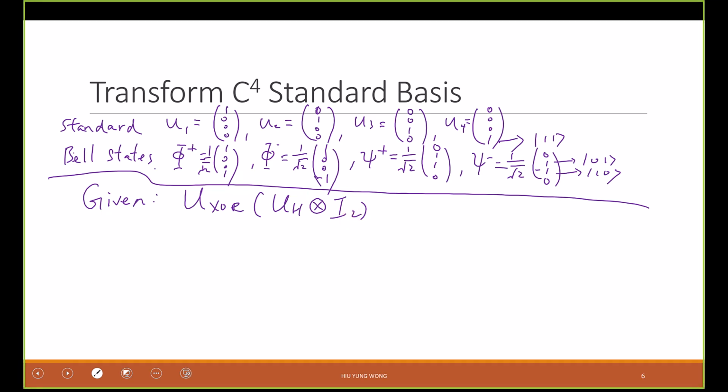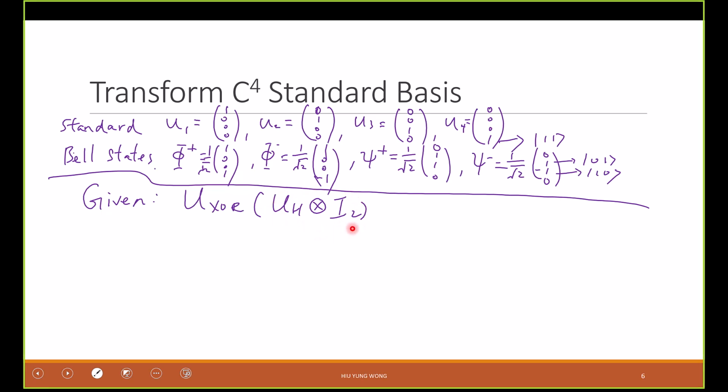I2, someone says, is it a 2-qubit identity gate? Is it possible to have 2-qubit identity gates here? Yes, we are talking about C4 space. So is it possible to have that? I mean a 2-qubit identity gate? Then what is this?